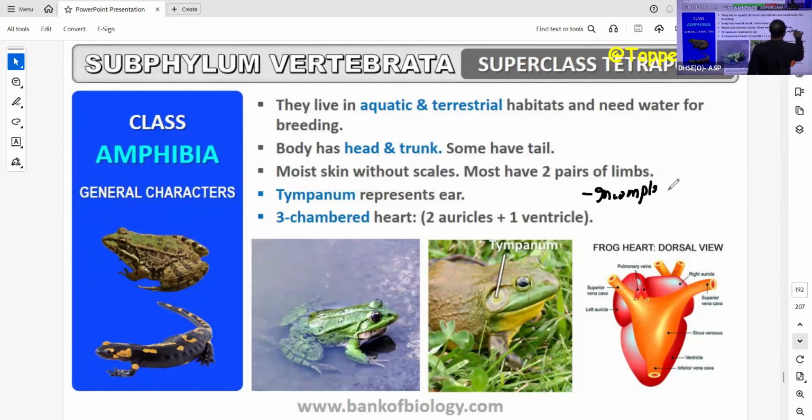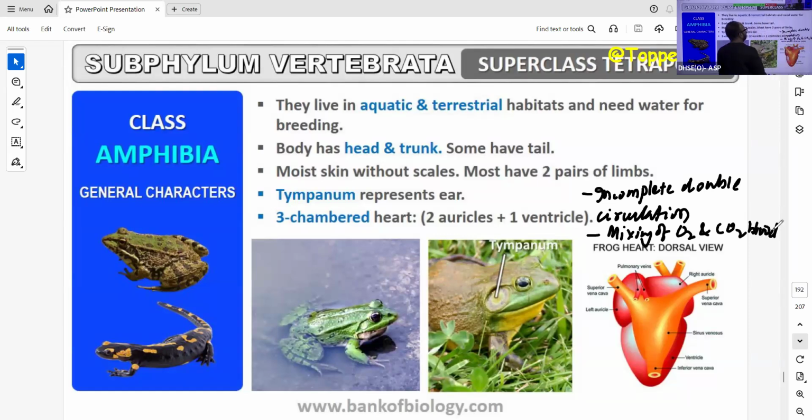Incomplete double circulation. Okay. Why? Because there is mixing of the oxygenated and deoxygenated blood. Okay. Fine.